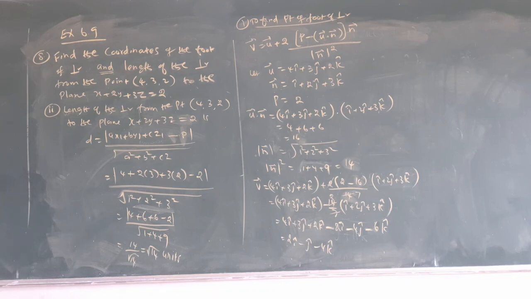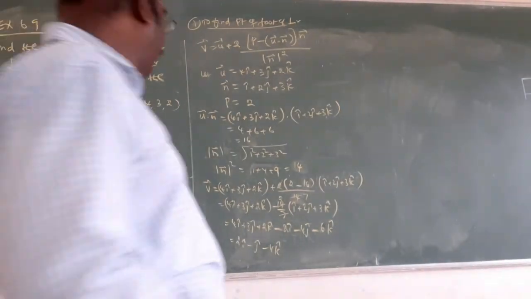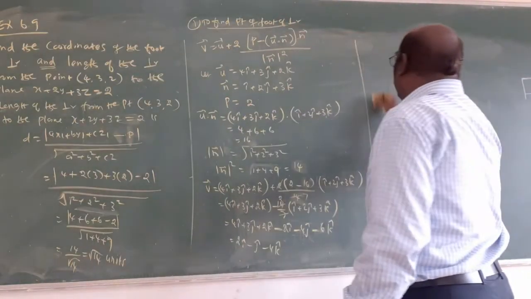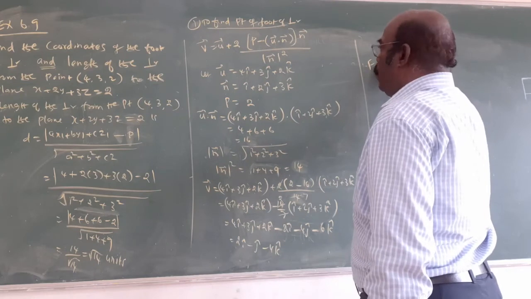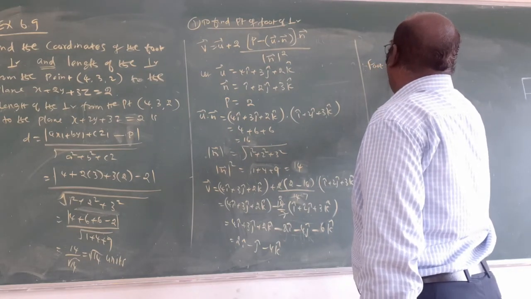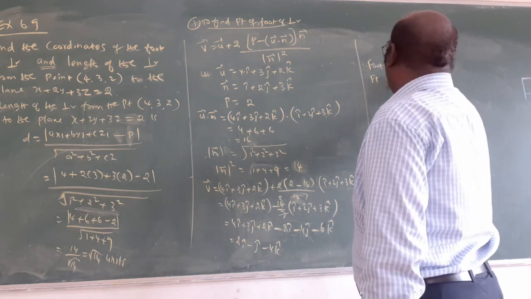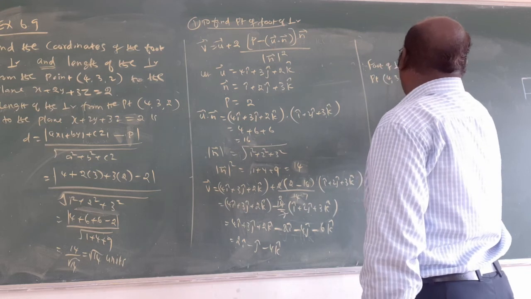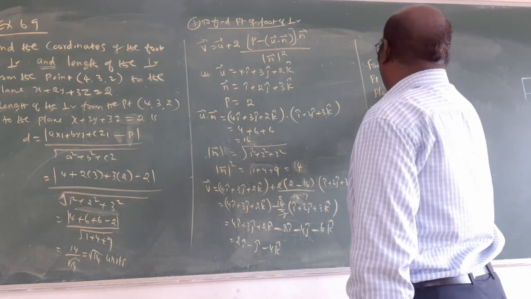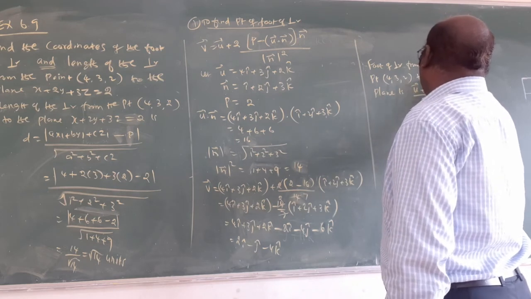Now, foot of the perpendicular from the point to the plane is, take the average. We get the answer. That's all. Therefore, foot of the perpendicular from the point 4, 3, 2 to the plane is U vector plus V vector by 2.